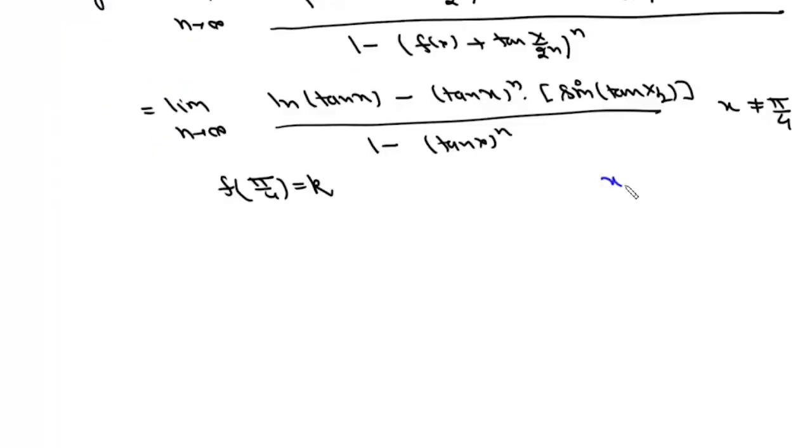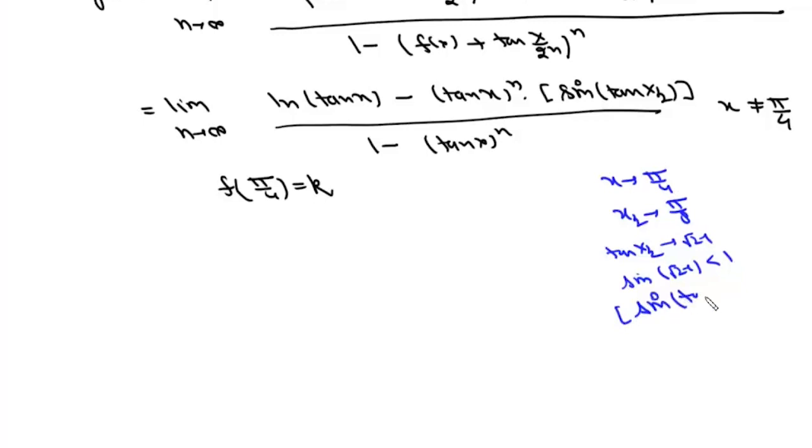If we look at x tends to pi by 4, then x by 2 is pi by 8, then this tan x by 2 will be nearly root 2 minus 1, and sine of root 2 minus 1 is not equal to 1, it will be less than 1. And if it is less than 1, then this greatest integer function of sin(tan x by 2) will be 0.